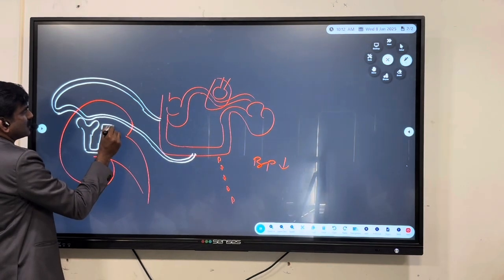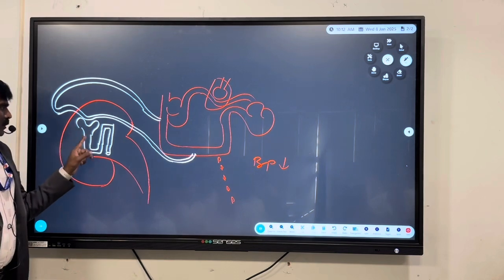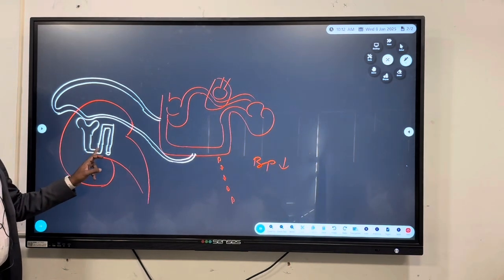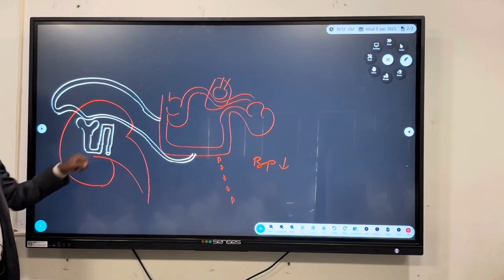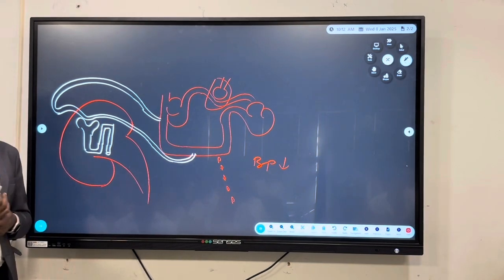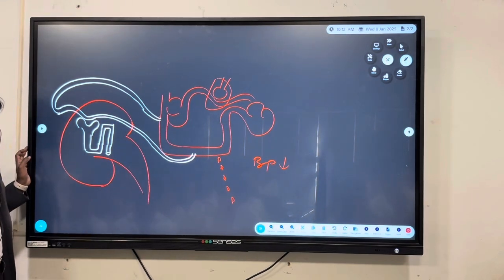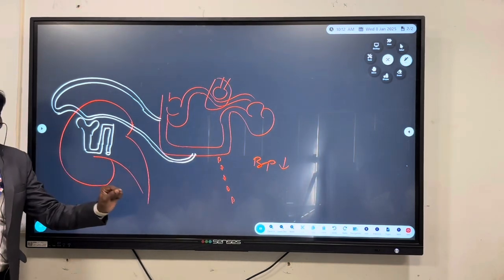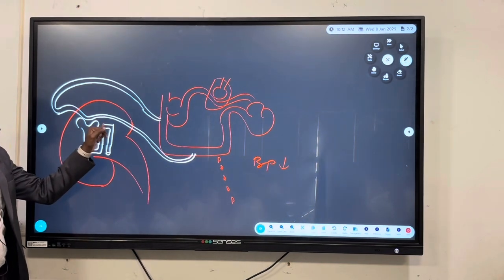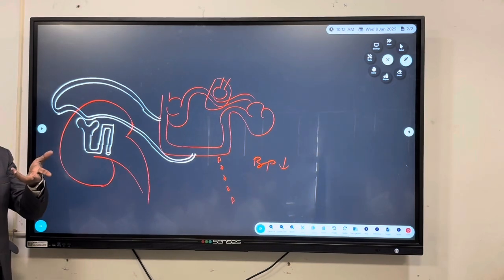What is this? Proximal convoluted tubule, loop of Henle, and distal convoluted tubule, right? So here, the smooth muscles of the afferent arteriole, when it approaches the glomerulus, are modified.